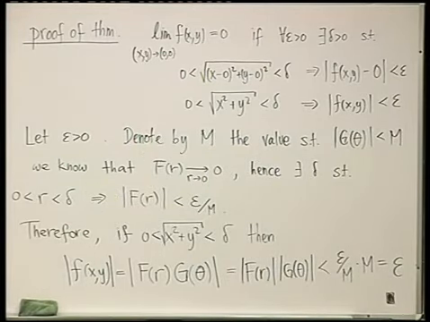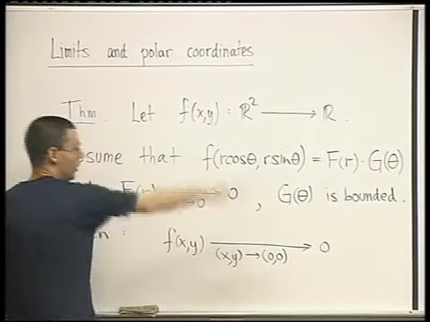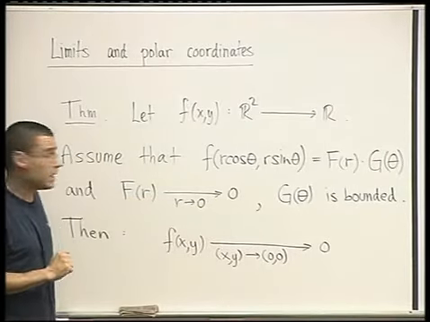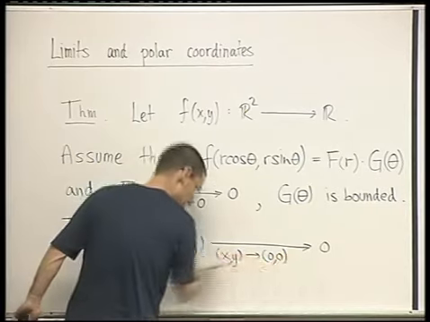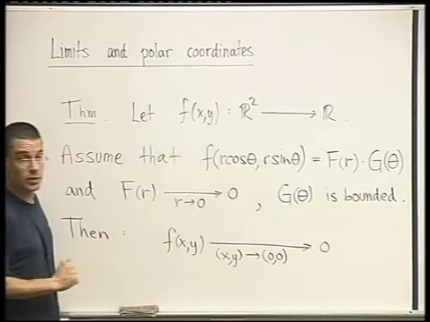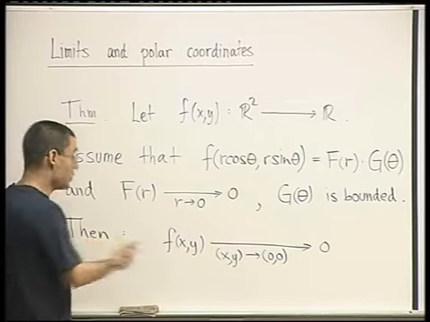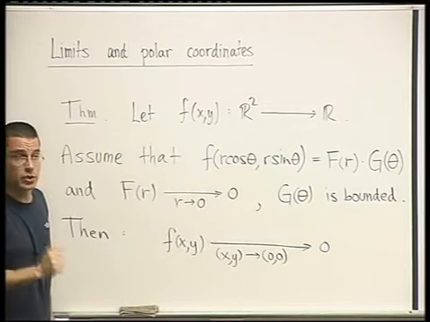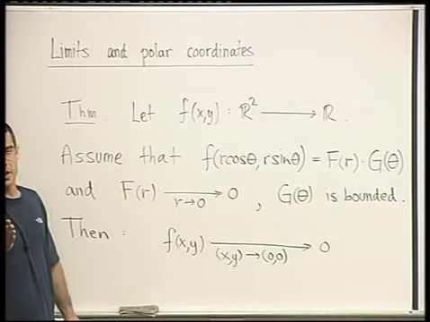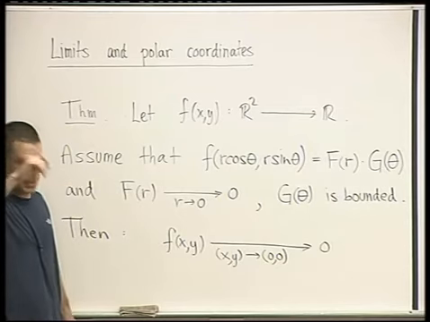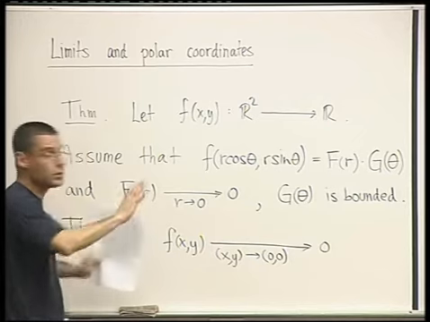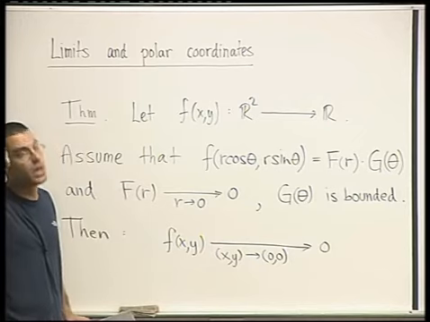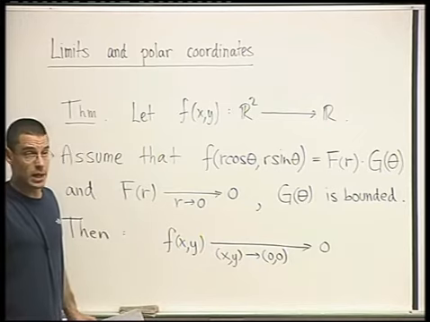Under these very specific assumptions, it does suffice to look on these lines, on r's going to 0, okay? And in that case, we can say a positive conclusion that the function goes to 0, okay? In general, if it doesn't break up like this, you can't just convert to r and theta, check that whatever you get goes to 0 as r goes to 0, and conclude that the limit is 0.